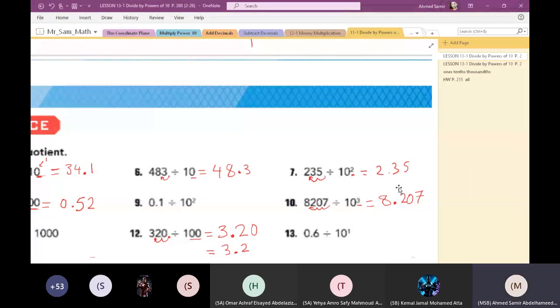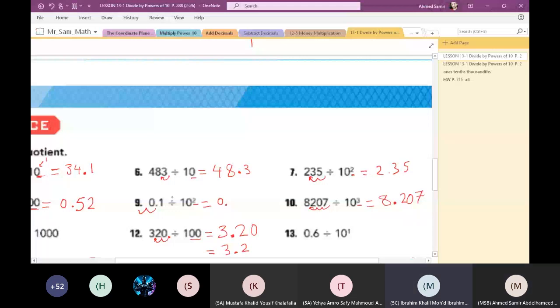Go ahead. We have 2 zeros. And we will move the decimal point to the left. 1, 2. So what should we write here? We will put a 0 in front.